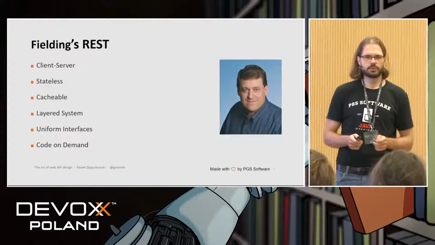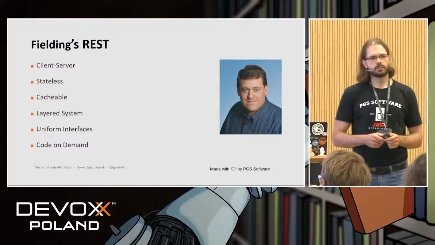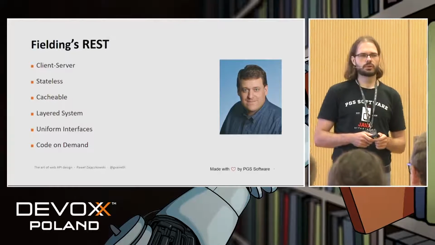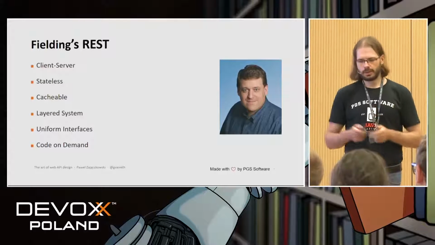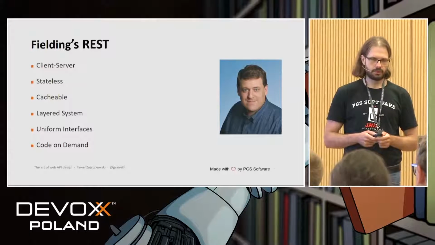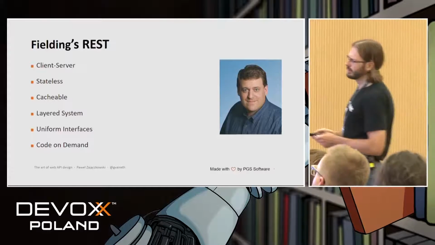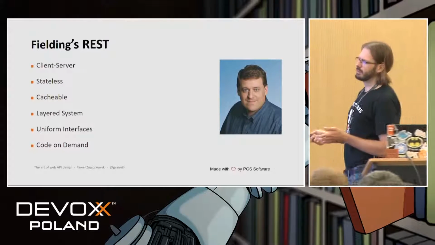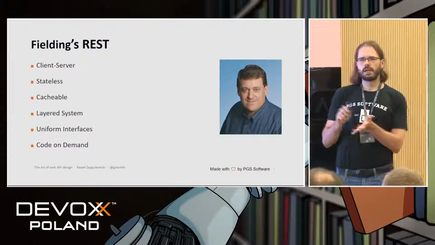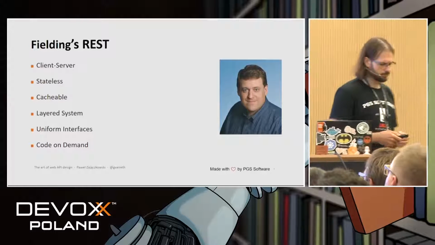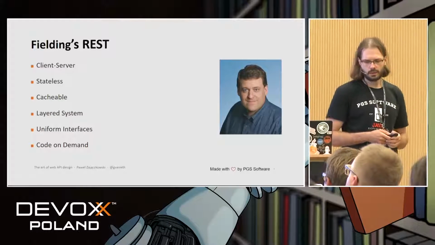So there is a principle of cacheability. Every response sent from the server basically tells us on what condition we can store it and reuse later. So then we can save a bit on bandwidth and computing power on both sides. Layered system is about that we can, let's say, inject some kind of layer between client and server, and it should be basically transparent to the client.